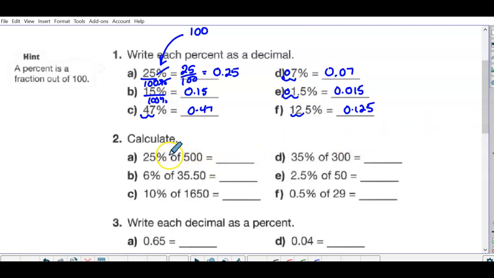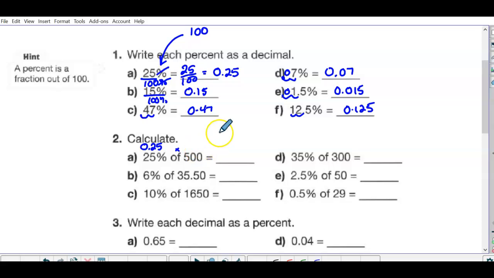Then calculating a percentage of a number. Of means multiply. And 25%. So I usually convert that to a decimal. Although sometimes for nice percentages, like 25%, that's really a quarter of 100%. And so if this was 100, 25% would be 25. This is 5 times as much.